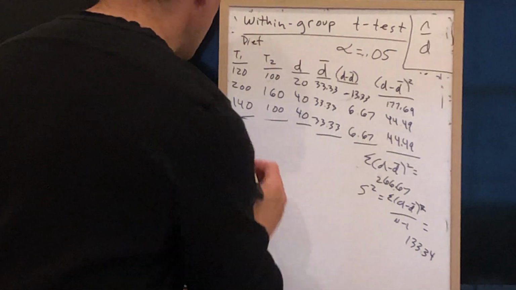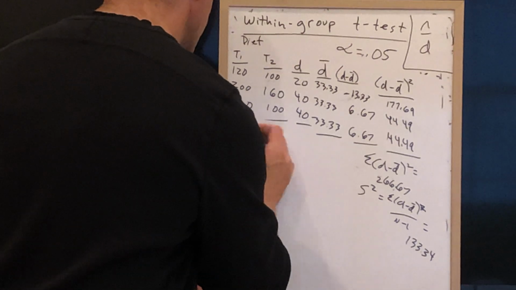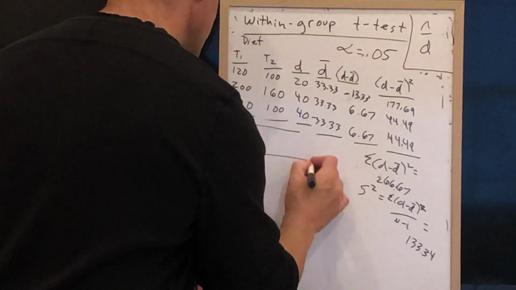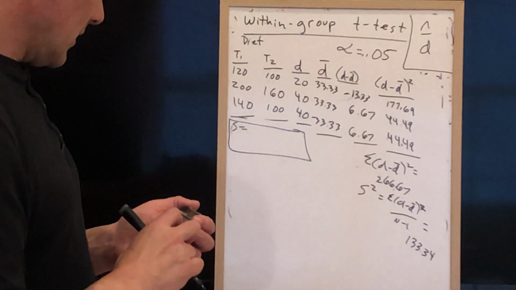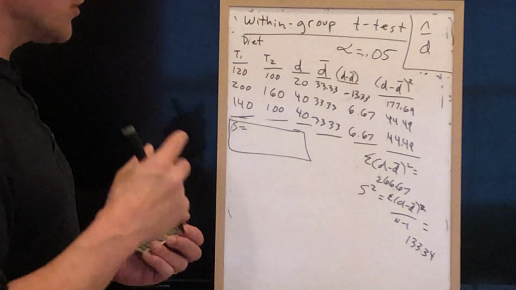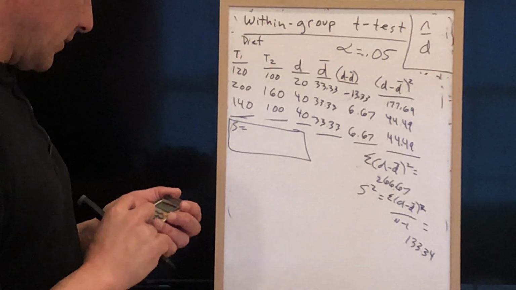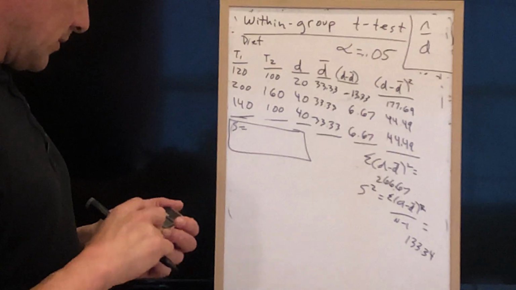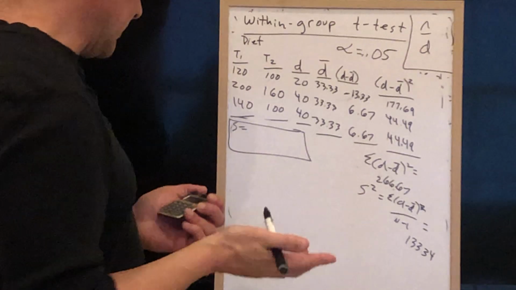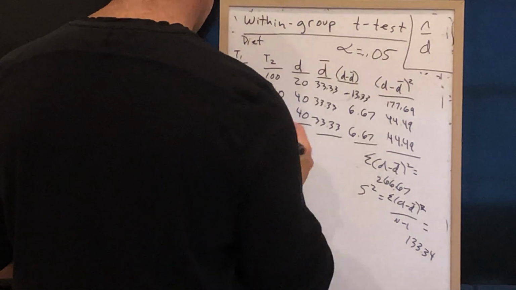Okay, I'm going to compute S. Again, not that we're going to use that immediately, but we're going to hold on to it because we'll need that for effect size. S is the square root of S squared, which is the square root of 133.34. So S equals 11.55.